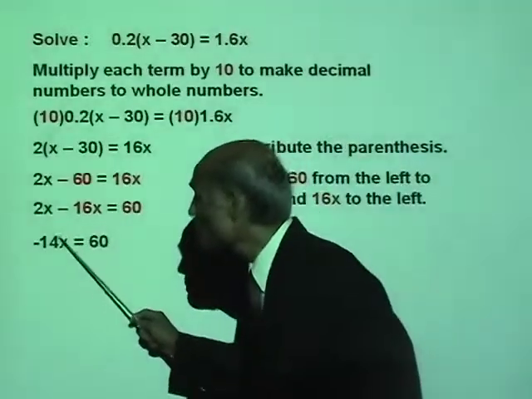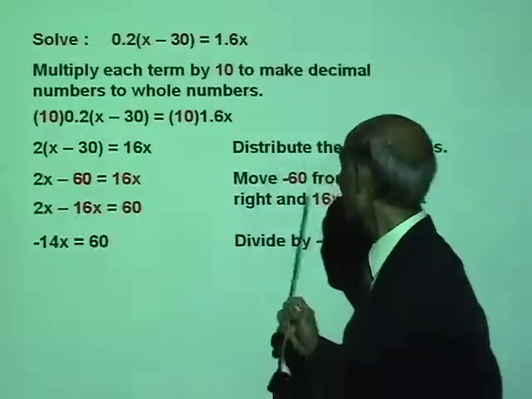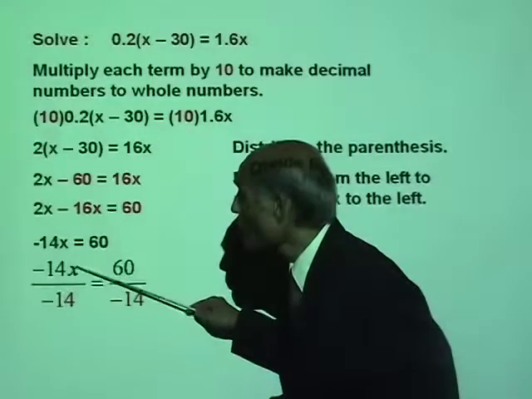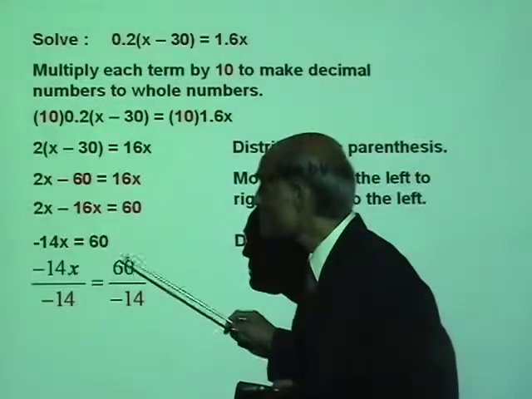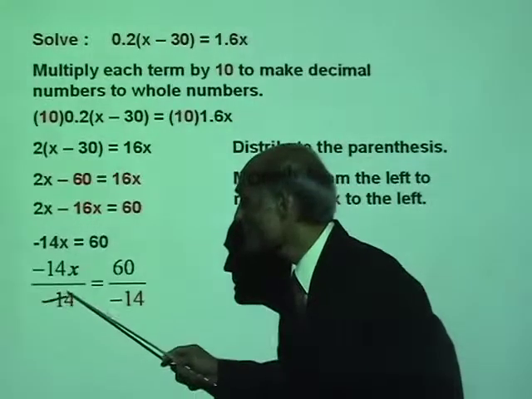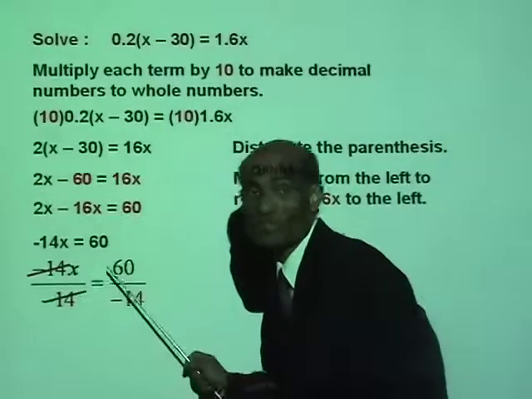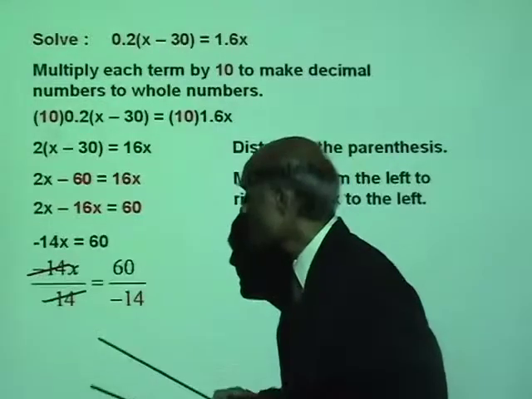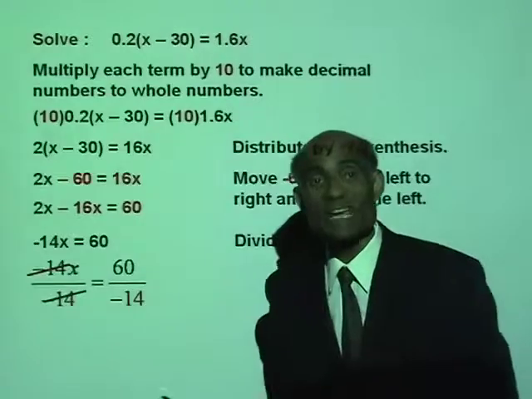We need to make the coefficient of x a 1. So divide both sides by negative 14. That is negative 14x divided by negative 14 equal to 60 divided by negative 14. And on the left, negative 14 goes. You get x alone on the left. On the right, positive 60 divided by negative 14 will make the whole of that quantity negative.